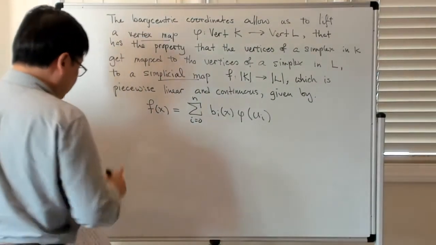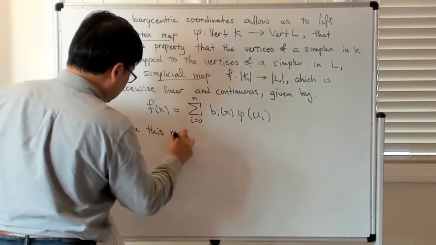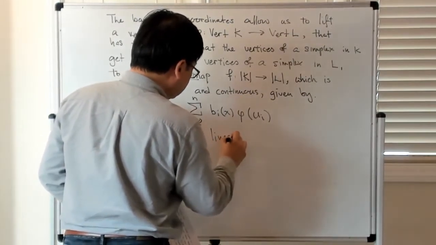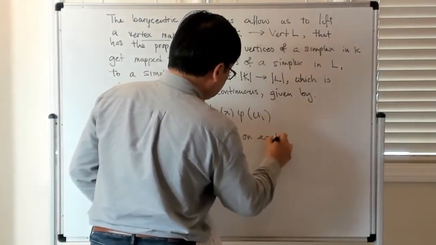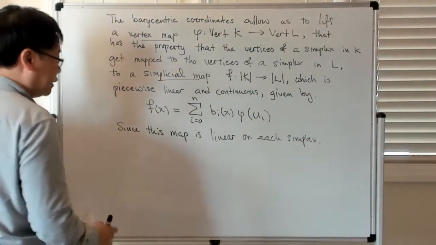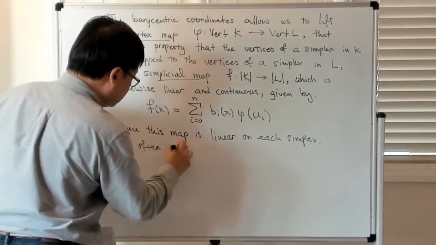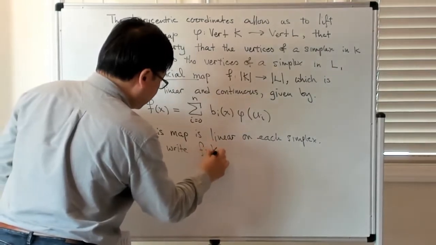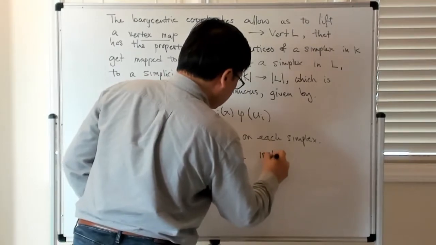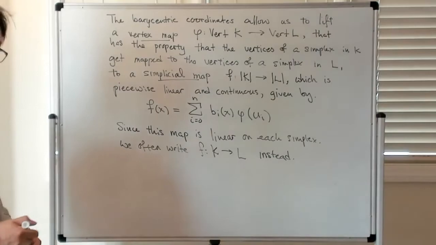Okay, so since this map is linear on each simplex, we often write that it's a map f from K to L instead. All right. So that's again a simplicial map.